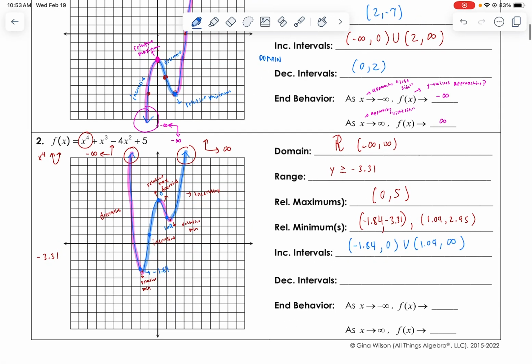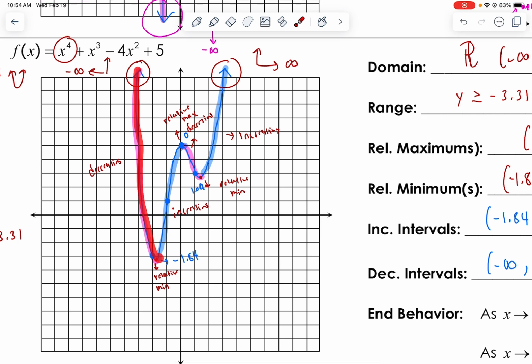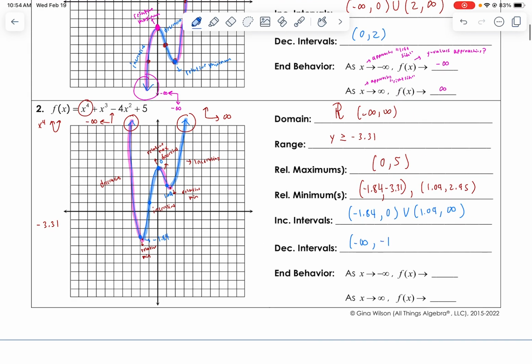The same for the decreasing intervals. Here, for decreasing, we start from the left, from negative infinity, all the way up to this x value, which is once again negative 1.84.